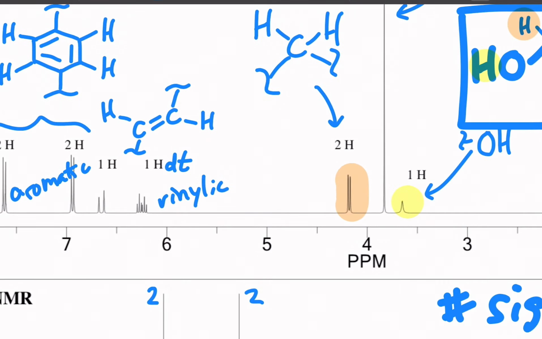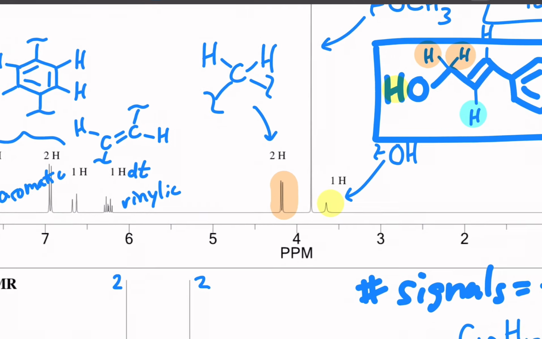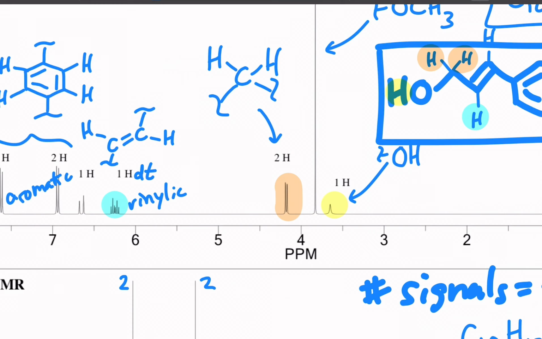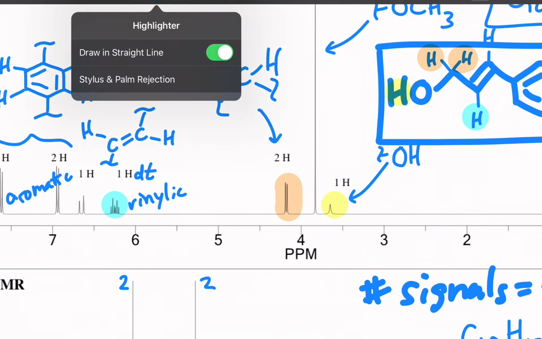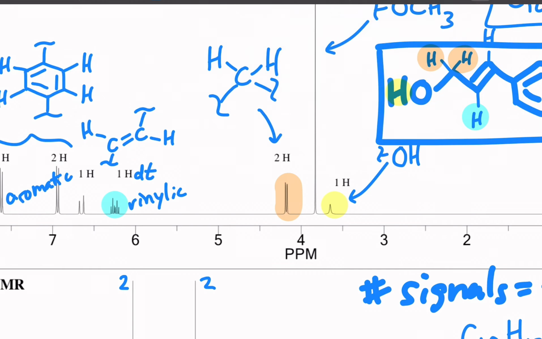If I highlight that hydrogen right there, that explains that vinylic hydrogen on that carbon. And then the other vinylic hydrogen would be that doublet right there. Makes sense if you look back at our structure. This hydrogen has 1 neighbor, and it's split into a doublet as a result.